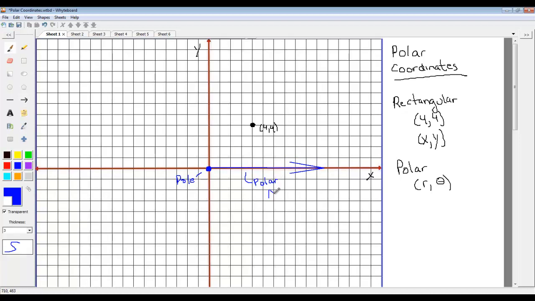I'm going to situate this pole at the origin, superimposing the pole on top of the origin of the xy coordinates and the polar axis on the positive x-axis.